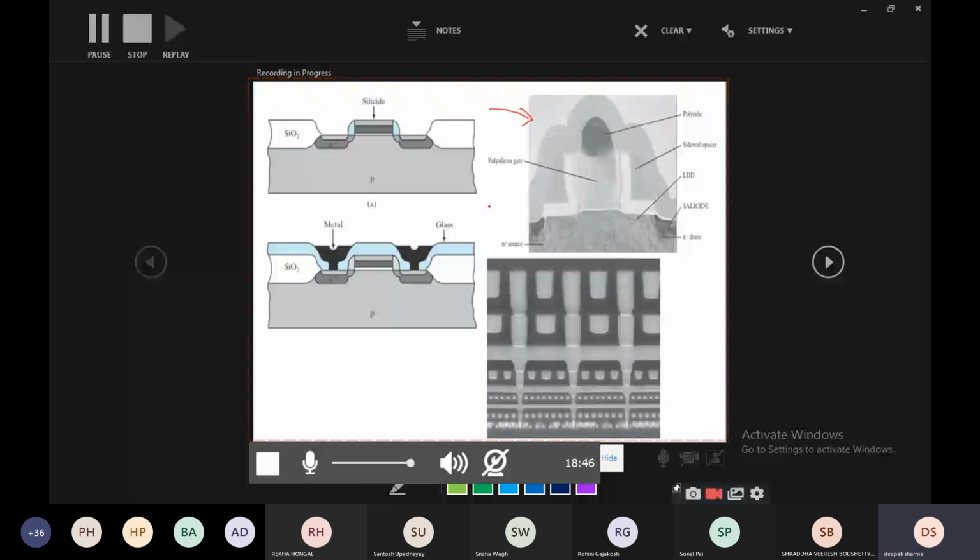So how that LDD is formed, they have shown, but there is no need to reproduce this in the examination, right? Here we have the LDD, which they are showing.